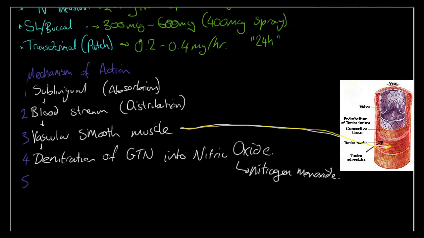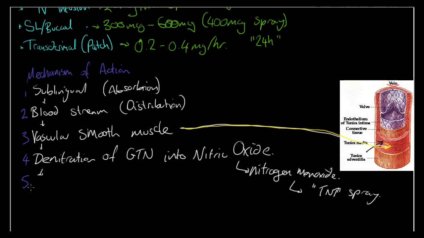Some people might say, oh, I've been prescribed TNT spray for my heart, and this is because nitrogen monoxide is used in dynamite basically, and that's actually how they found GTN, by people handling nitric oxide, and then ending up with a big headache, and then they investigated it and worked out what it does.